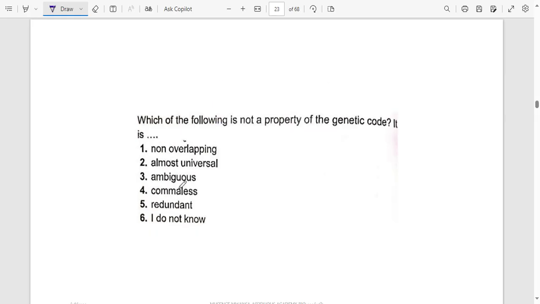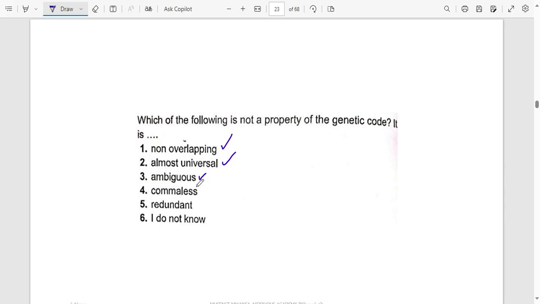Which of the following is not a property of the genetic code? It is non-overlapping. Is that true? So this one is a property, right? We want to ask not a property. Almost universal. Is that true? Ambiguous. Is that true? Okay. And then commaless.